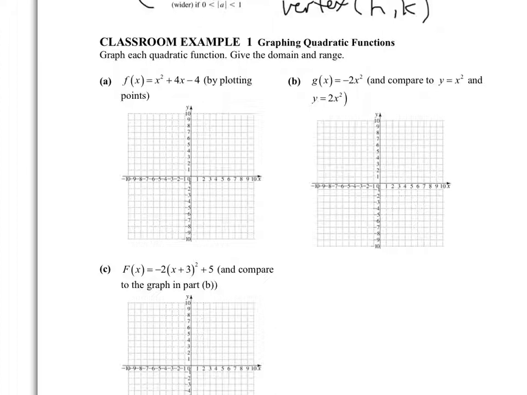So if you look at equation A, f of x equals x squared plus 4x minus 4, in order to graph this, we do need to know where our vertex is. But it's in standard form, and when it's in standard form, I don't see the vertex in the equation, so I need something to help me.